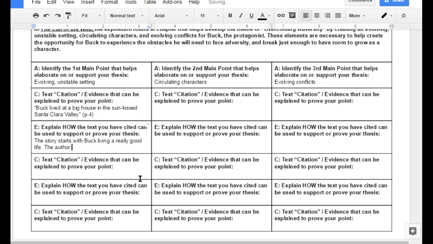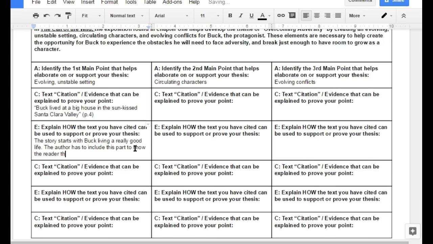The author has to include this part to show the reader the starting point.